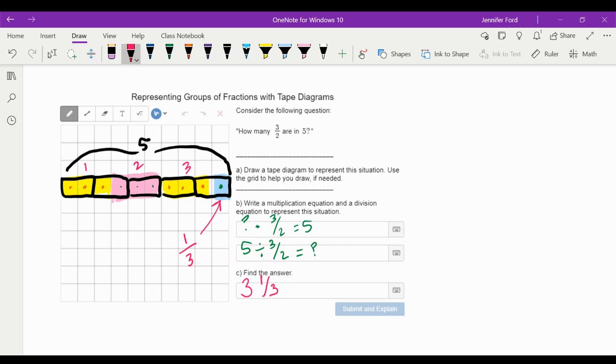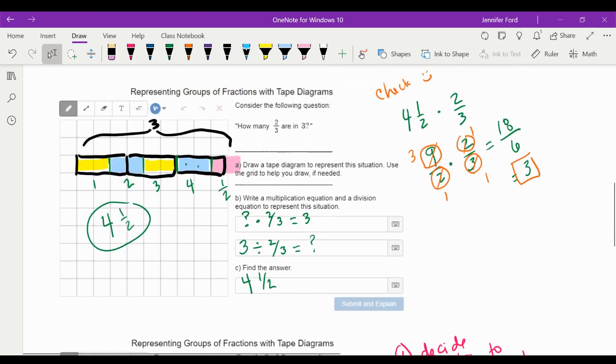My advice for when you're doing tape diagrams, number 1, decide how big to represent the 1. And what I mean by that is, in this situation, because I was doing halves, my 1 is 2 squares.